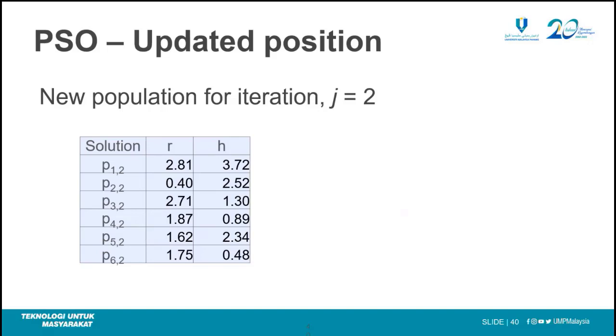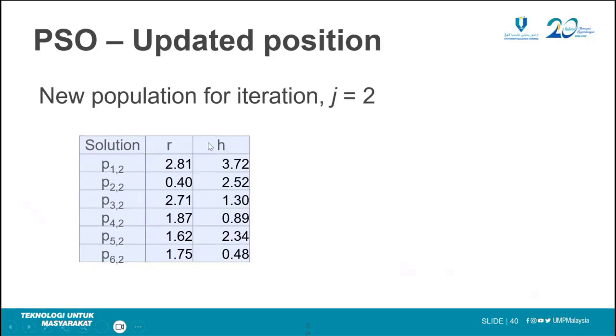Then we update the position based on the j value. Now this is the updated population. It is now noted as P12, where P1 is the first particle and 2 represents the second iteration. We already completed the first iteration earlier, so now we move to the second iteration.